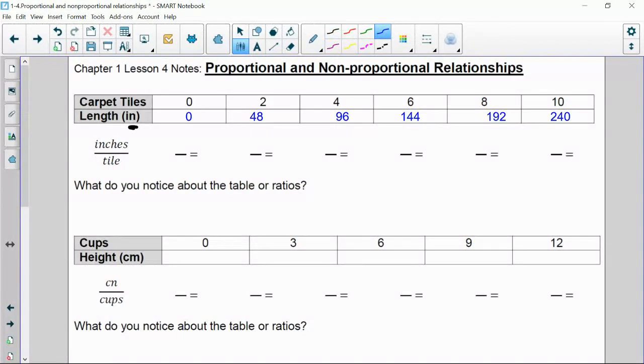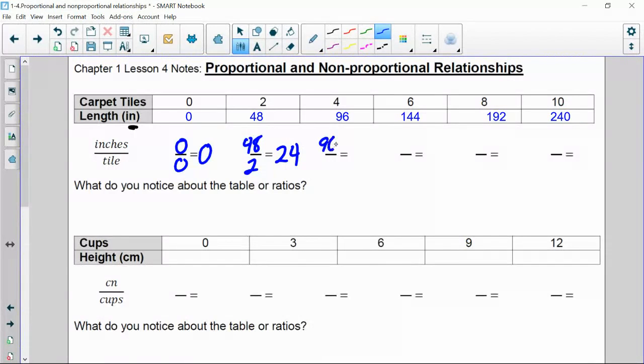Then what we want to do is compare the length to how many tiles it was. So I'm taking 0 over 0. Well, that of course equals 0. If you have no tiles, you have no length. But if I have 48 inches and 2 tiles, that makes 24.